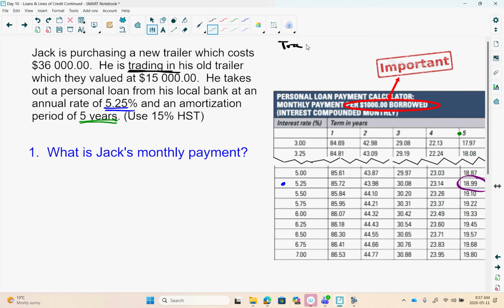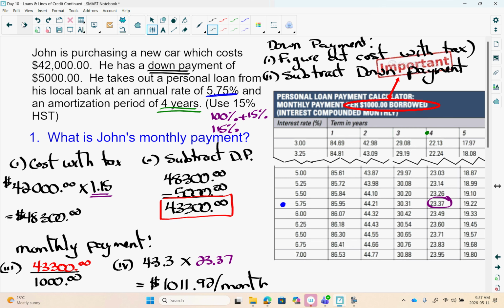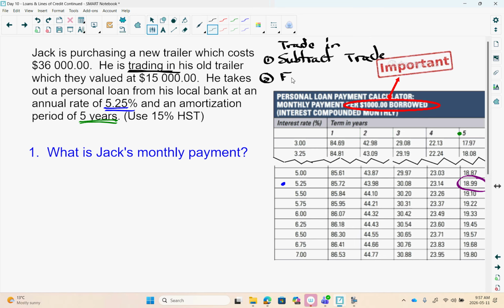Now, is this a down payment? No, it's a trade-in. And with the trade-in question, we flip steps 1 and 2. Step 1 is to subtract the trade-in. And then we figure out the cost with tax.